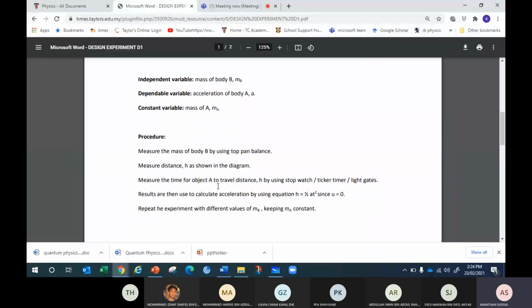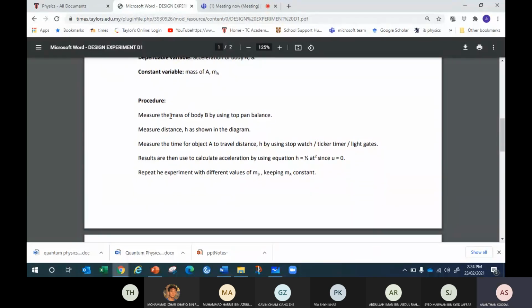And then the procedure. The procedure focuses on how you measure the independent and dependent variables, and how you keep the variable constant. So measure the mass of the bodies using a top pan balance. You say top pan balance, you get a mark. Measure the distance h shown in the diagram by using a ruler. Please add "by using a ruler".